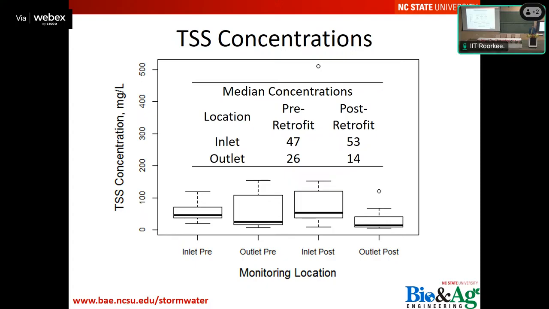And importantly, the inlet concentrations were comparable. So while it's very fuzzy about peak flow mitigation, we do have a decent sense there was more volume mitigation. There was some water going into the ground. And because the water was being ponded behind the check dams, we did see additional sedimentation occur.